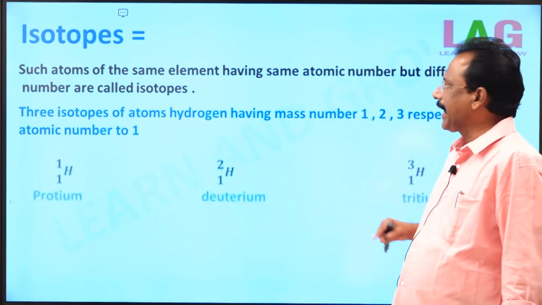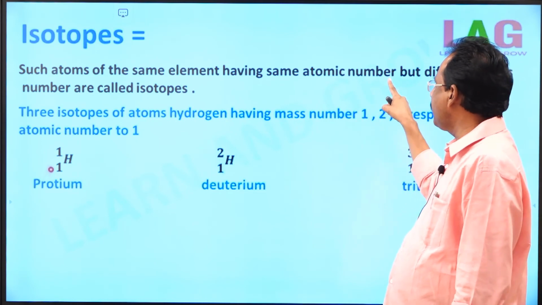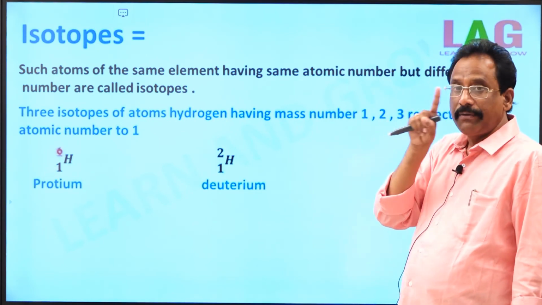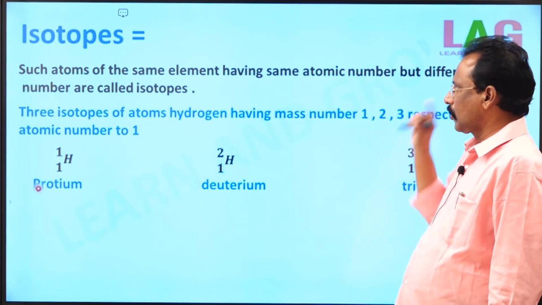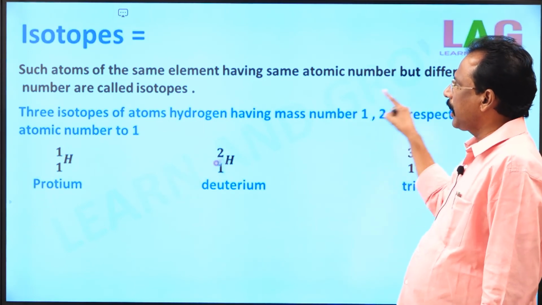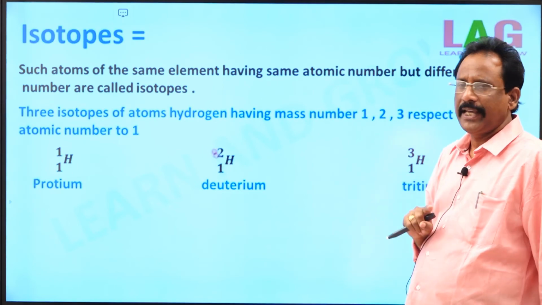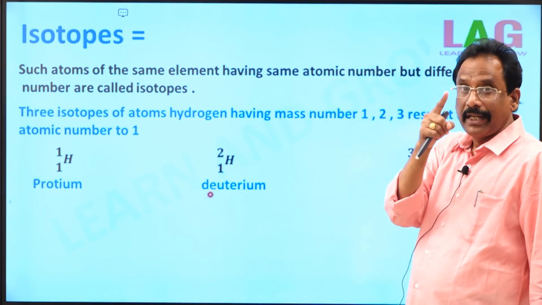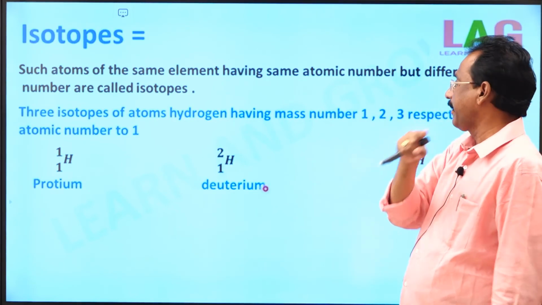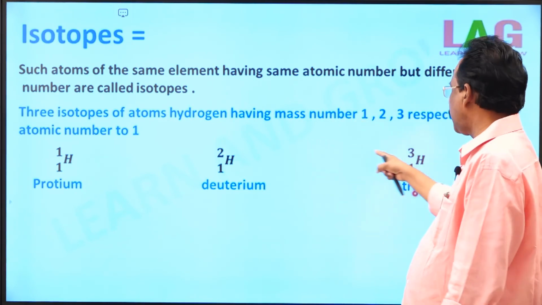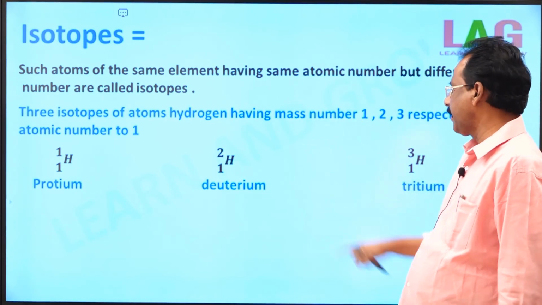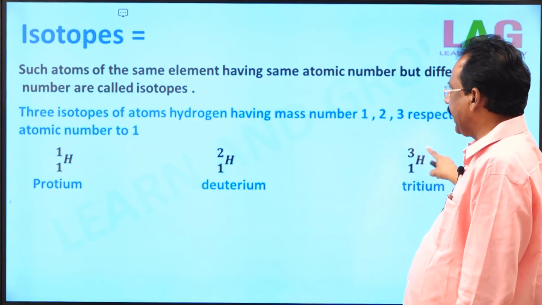Isotopes are defined as atoms of the same element having different mass number. So for all the isotopes, the atomic number is the same, that's why their chemical properties are also the same. For example, hydrogen has 3 isotopic forms: protium, deuterium and tritium.